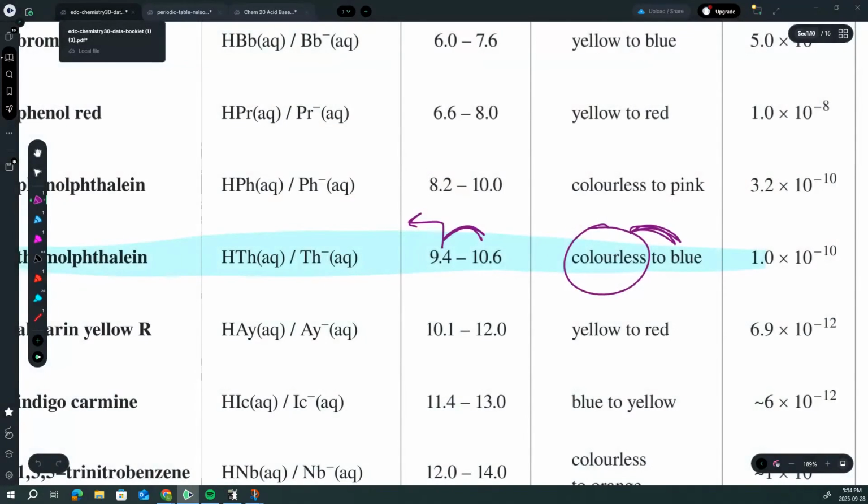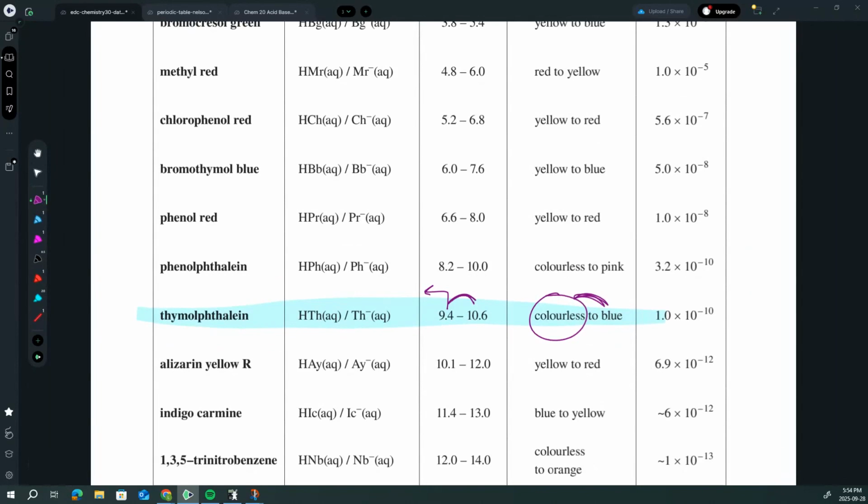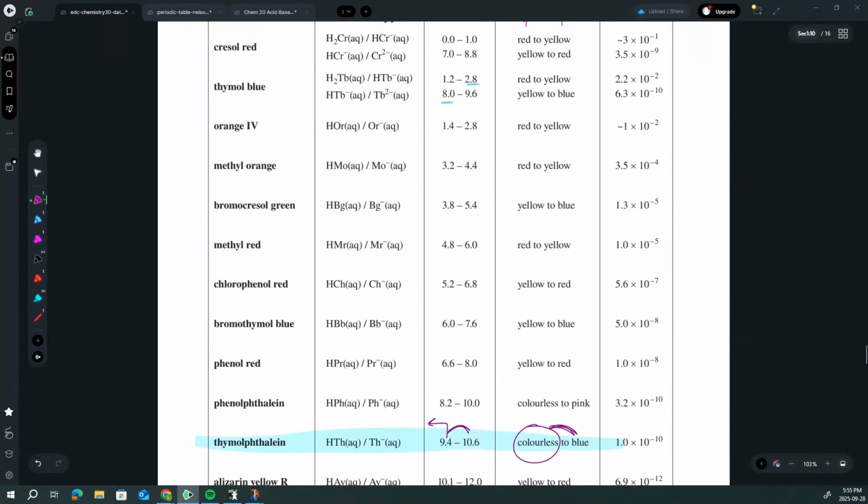So let's look at what we could use. With our indicators here, we could be using phenolphthalein, but it's not ideal since 8.3 is pretty close to the edge of the range for this indicator. So let's try and figure out a better one.